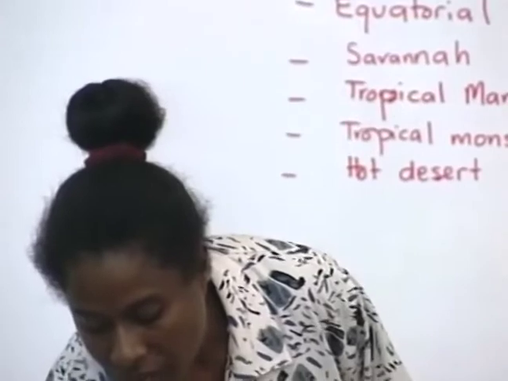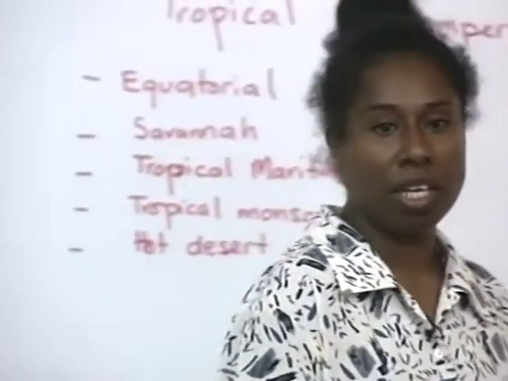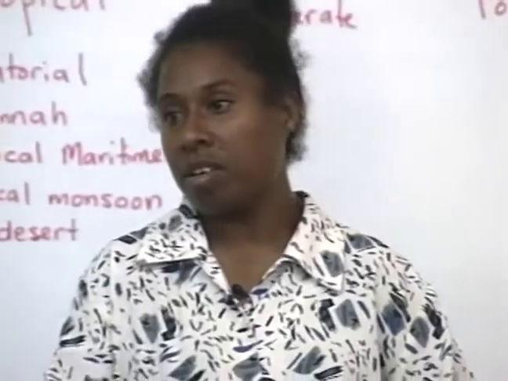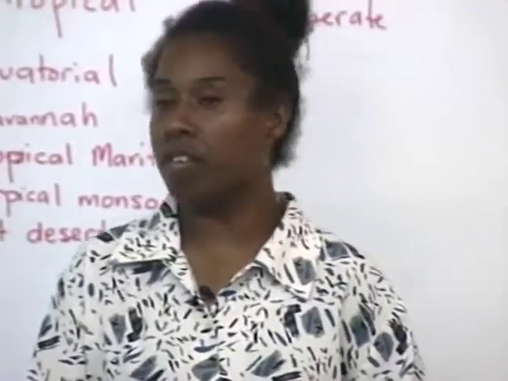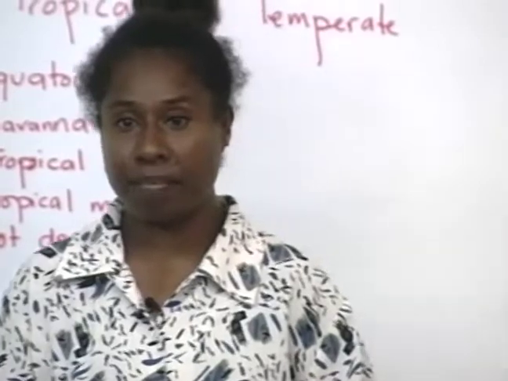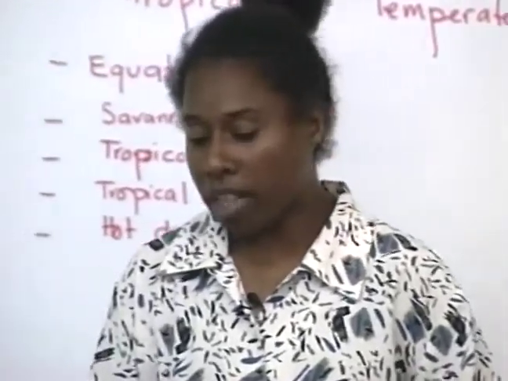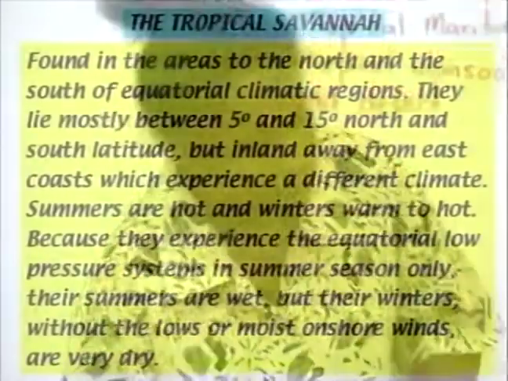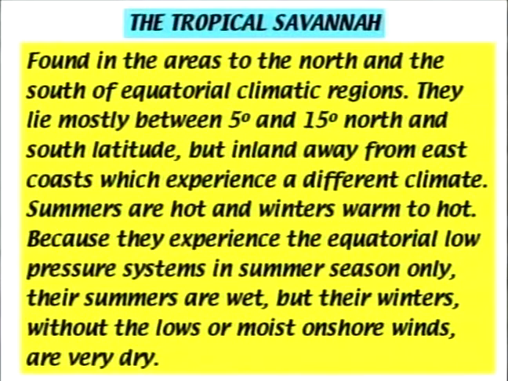For tropical savanna, and for us to be thinking about the environment, because we live in Port Moresby, it is a very good example of an environment which has characteristics of tropical savanna. Let's look at the location of this particular climate. So if we had to put it on our cross-section, from 5 to about 15 degrees.